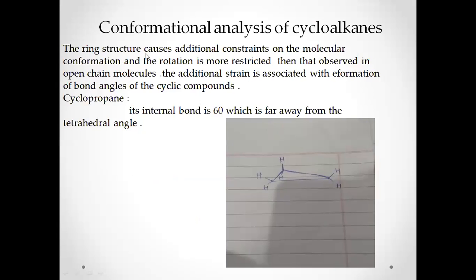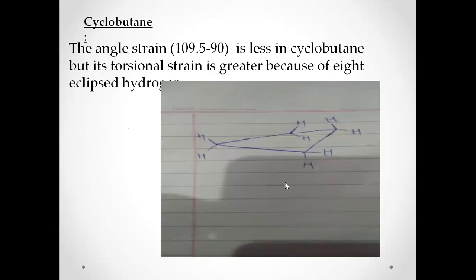First, I want to tell you the conformational analysis of cycloalkanes. We can see here the angle is 60 degrees in cyclopropane, so it causes angle strain and it becomes unstable. And this is cyclobutane.